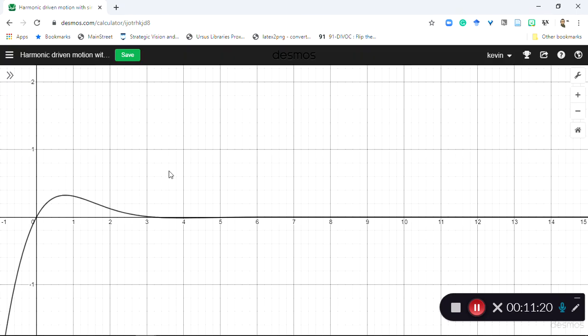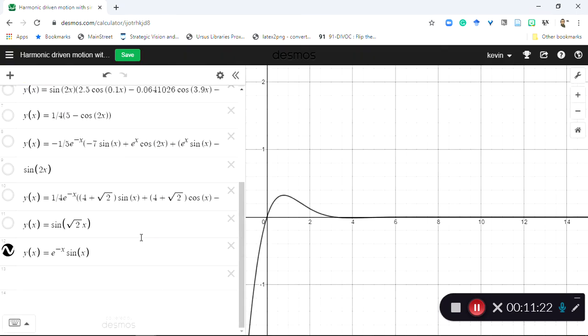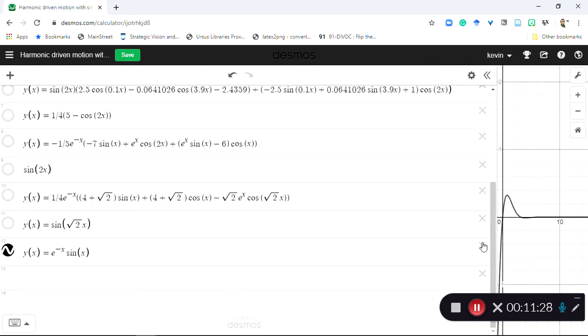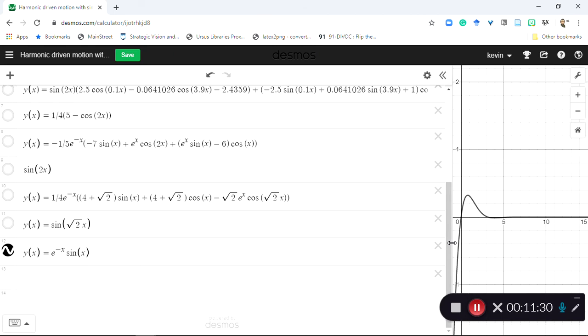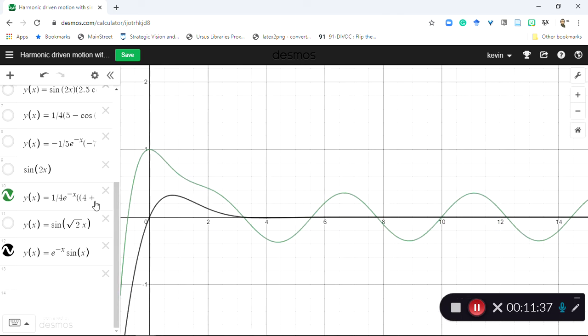If we go to Desmos, and where is it? Let's see. It's not exactly this one, but this one's close enough. And so you have initially some decay, which is what you'd expect, because the homogeneous solution has a negative exponential.